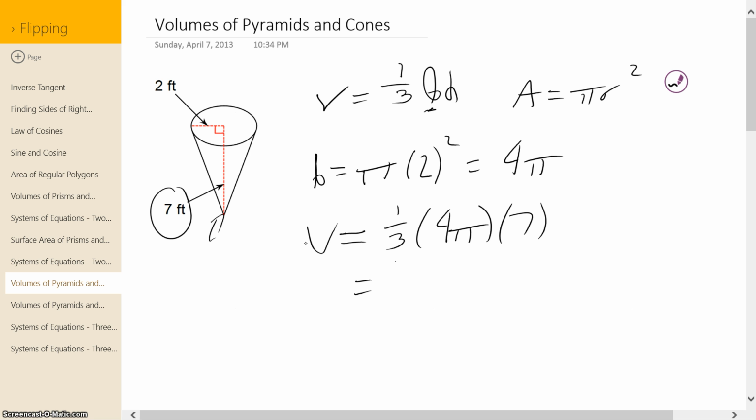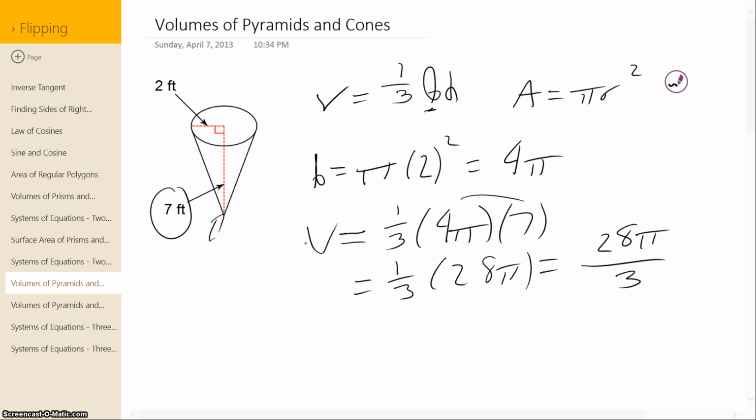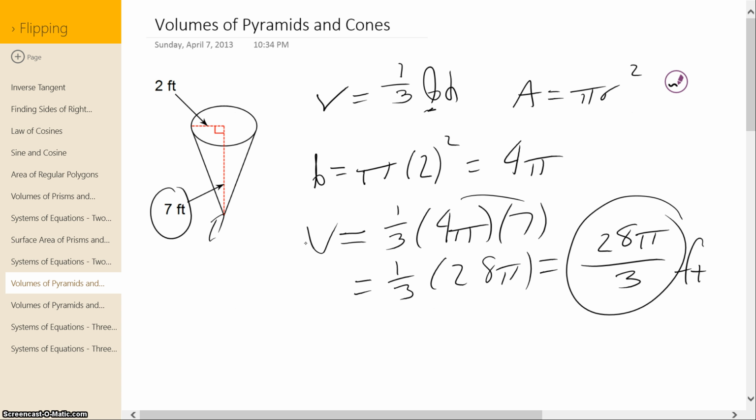So we're going to get 1/3 of 4 pi times 7, well, this is just going to be 28 pi. So we're going to end up with something which is just 28 pi over 3. Doesn't really reduce to anything super nice there, but this is our volume. Oh, and let's not forget our units. We're talking feet, so we're talking about cubic feet, okay, because this is volume.